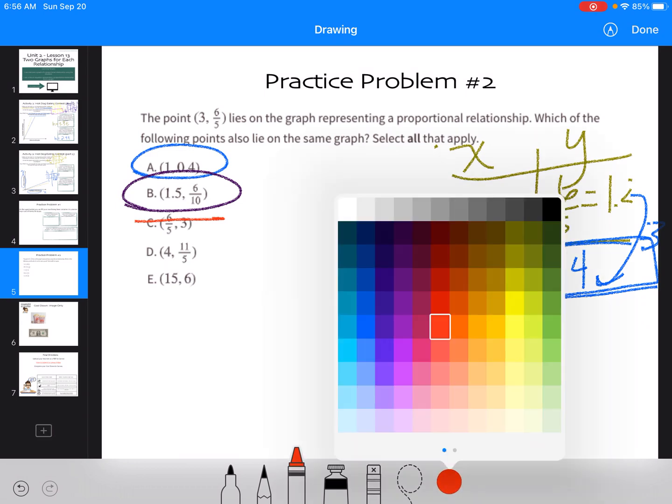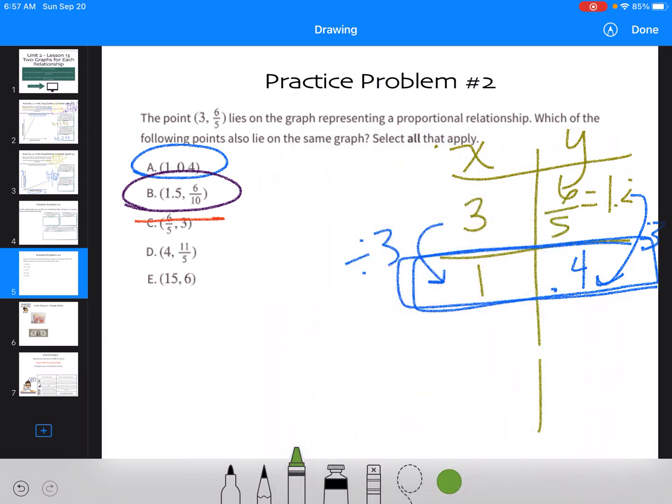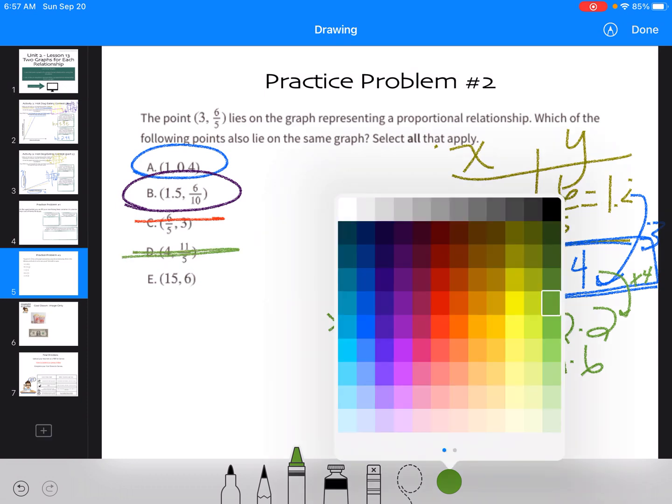Okay, let me switch colors again. So I get 4 and then 11/5. So that's actually going to be 2 1/5. So that's 11 divided by 5, 2.2. So we're going to multiply this by 4. So then I'm going to multiply this side by 4. So 4/10 times 4 gives me 1.6. So that's out.